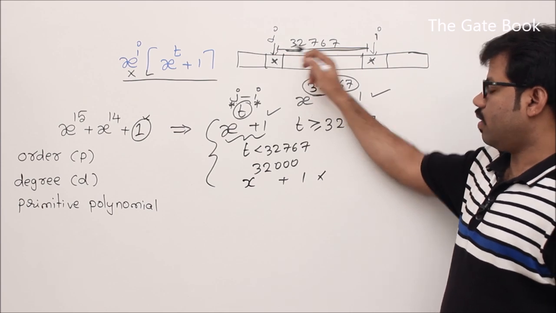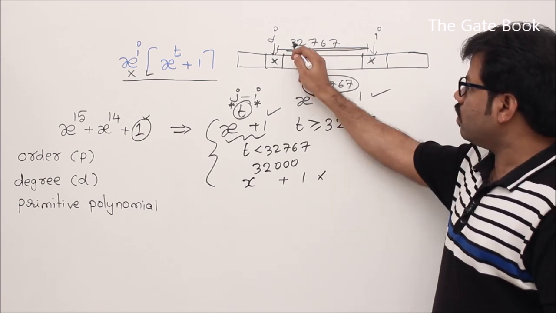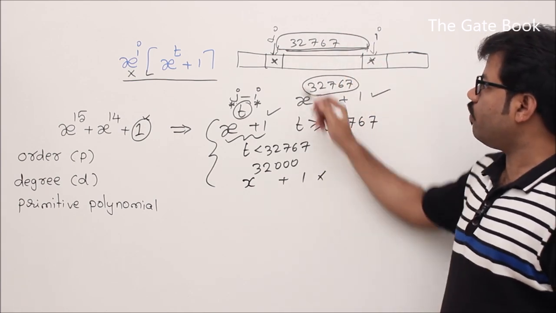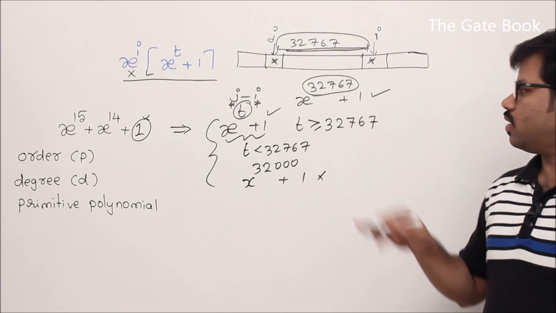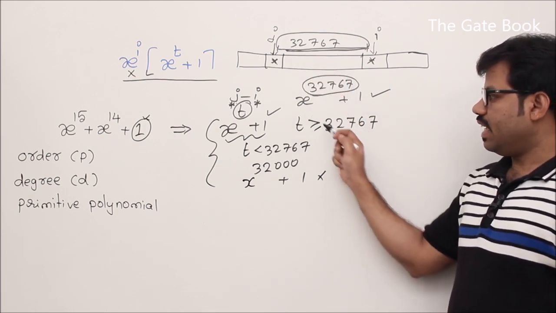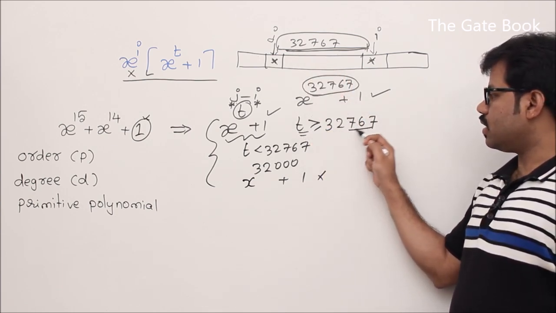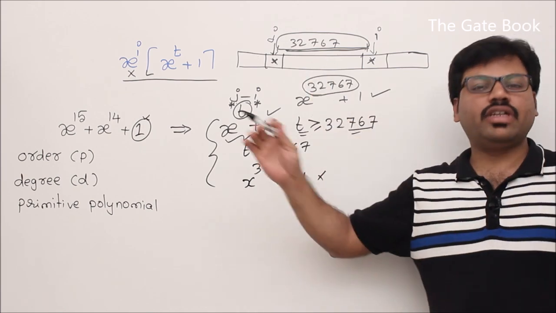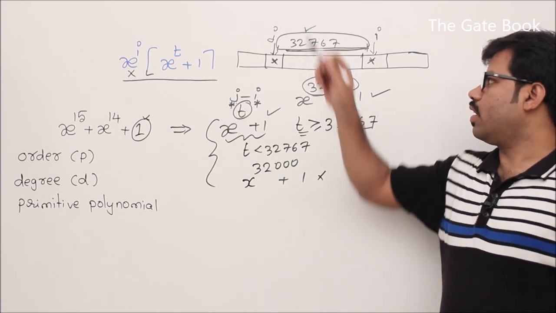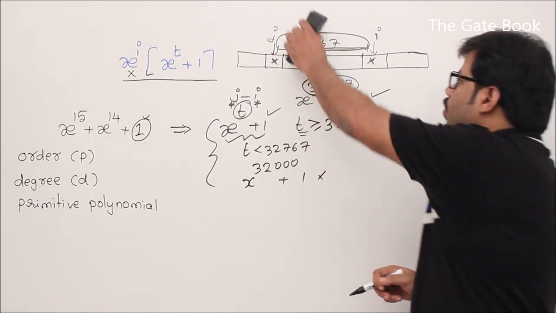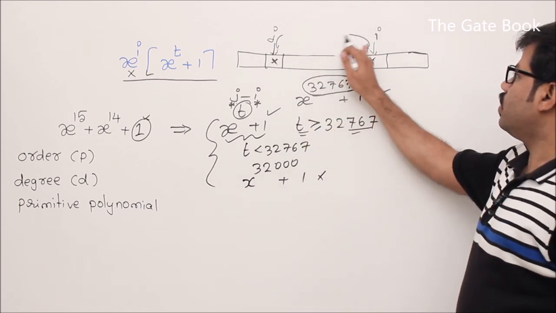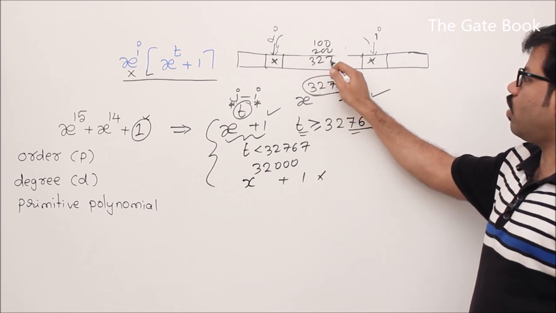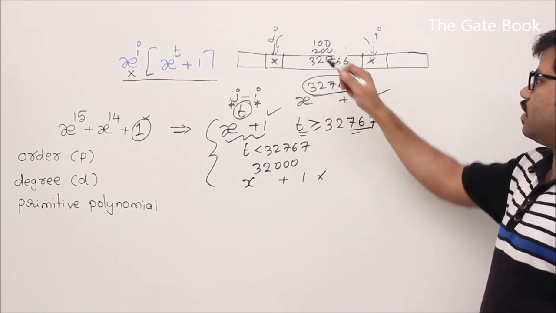What I want to say is, we cannot catch the error only if the difference is more than this. See, if the t value is more than 32,767, then only we can't detect. But to have such kind of error, the errors should be separated very far, right? For example, any two bits which have errors, their difference is 100 or 200, up to 32,766 I can say.